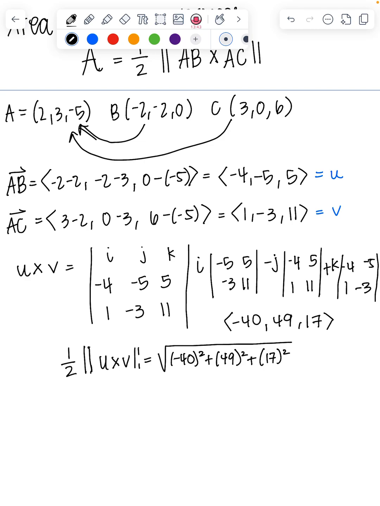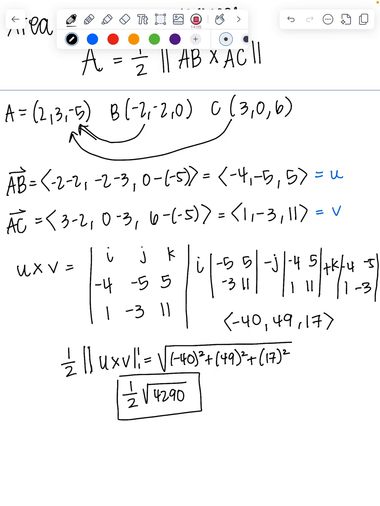Okay, and when I do that, I get 1/2 the square root of 4,290. Okay, and we can leave it like that. Unless it tells you to round to a specific decimal, you can leave it there.